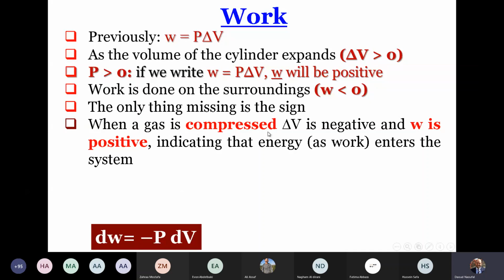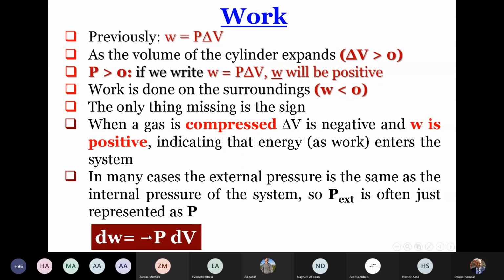When a gas is compressed, this is the opposite of the expansion. Delta V is negative and the W should be positive since the work is done on the system, indicating that energy enters the system. So now we know that dV is the variation of the volume between the initial state and the final state. So what is P? P is the pressure of the gas internal or the pressure of the gas external.